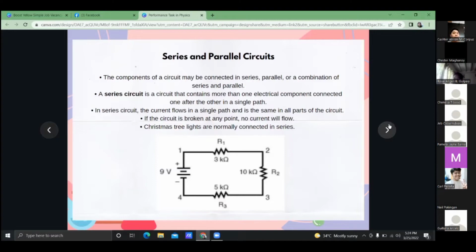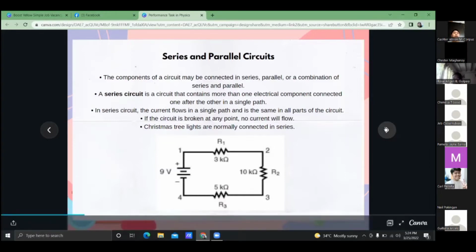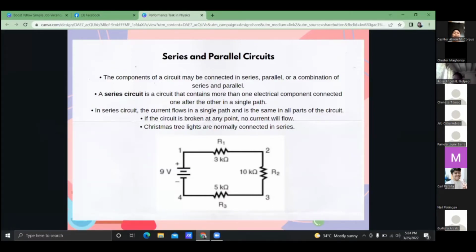Why? Because we have this thing called voltage drop for each resistor. Voltage drops for each resistor. Meaning to say, the current flow of the electric grid.